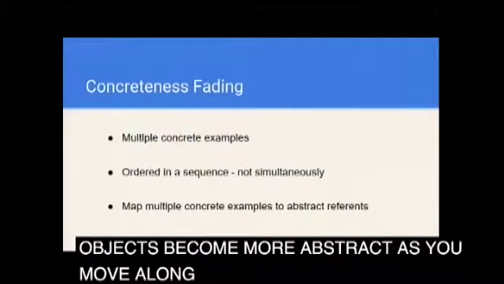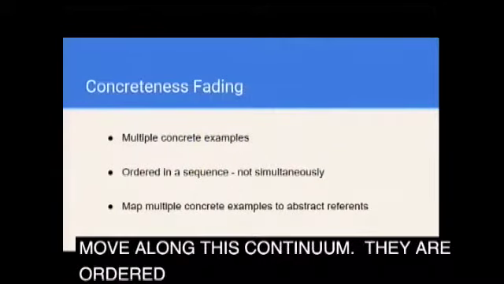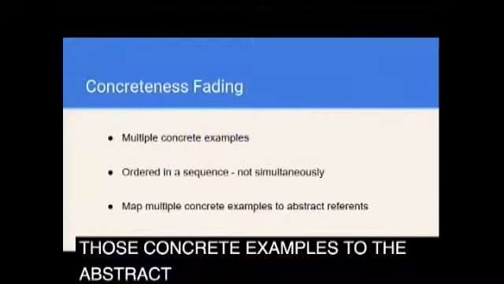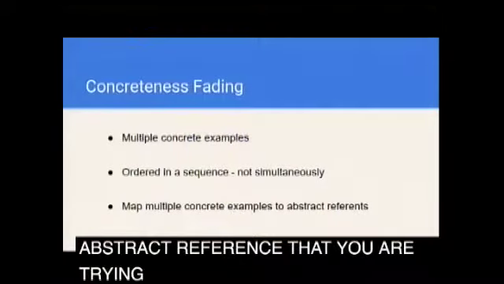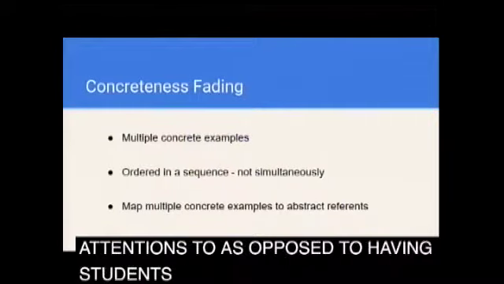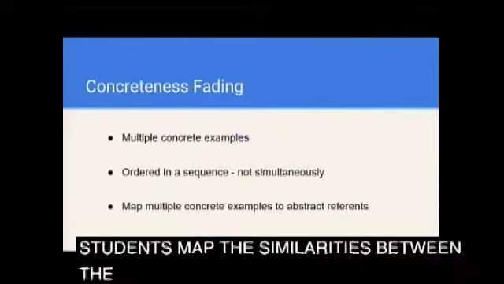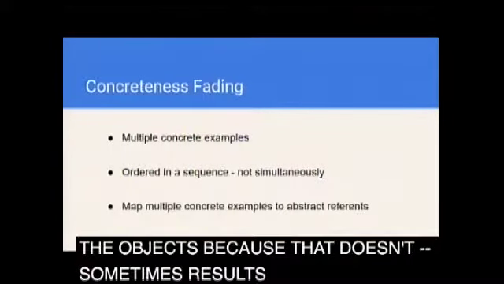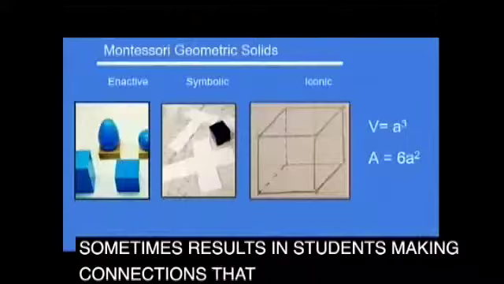And you focus on mapping each of those concrete examples to the abstract reference that you're trying to draw the students' attention to, as opposed to having students map the similarities between the objects, because that sometimes results in students making connections that aren't analogous or don't have any connection with the underlying content.